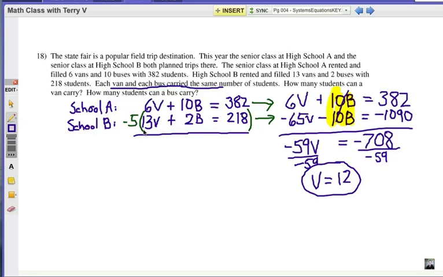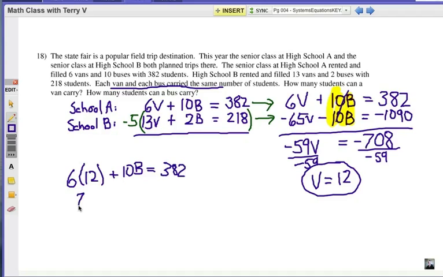I'm going to use the first equation because it says 6V instead of 13V. Trying to keep my numbers small here. So 6 times 12 students per van plus 10B from the first equation here equals 382.